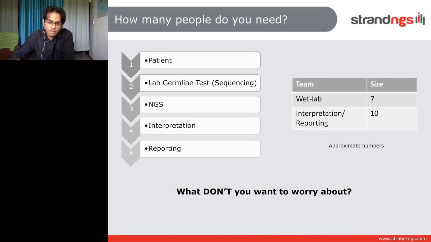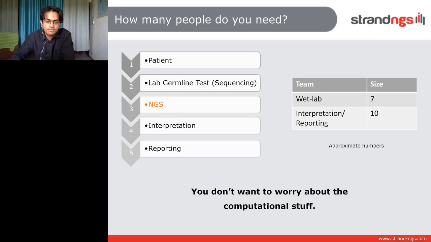And if you're the PI of a clinical genomics lab, there is something that you definitely do not want to worry about. And what is that? You don't want to worry about the computational stuff, right? You just want the computer stuff to just happen on its own, right?